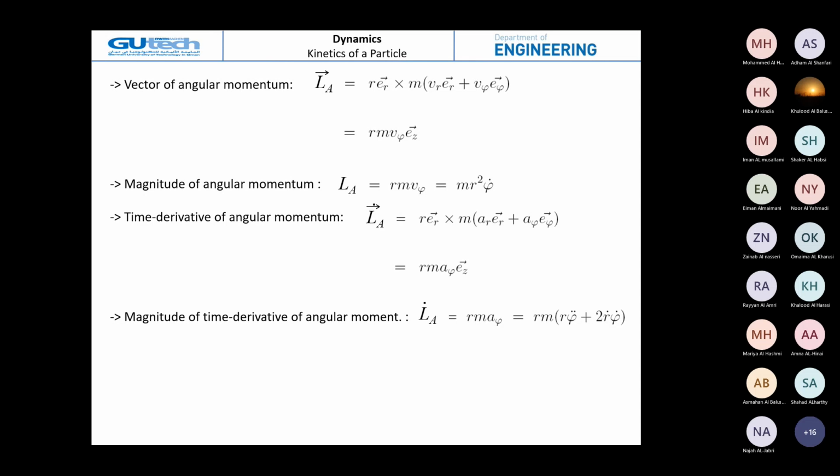Now we take the second term, which is R ER cross M V phi E phi. Here R is a scalar, M a scalar, V phi a scalar, so we have R M V phi.